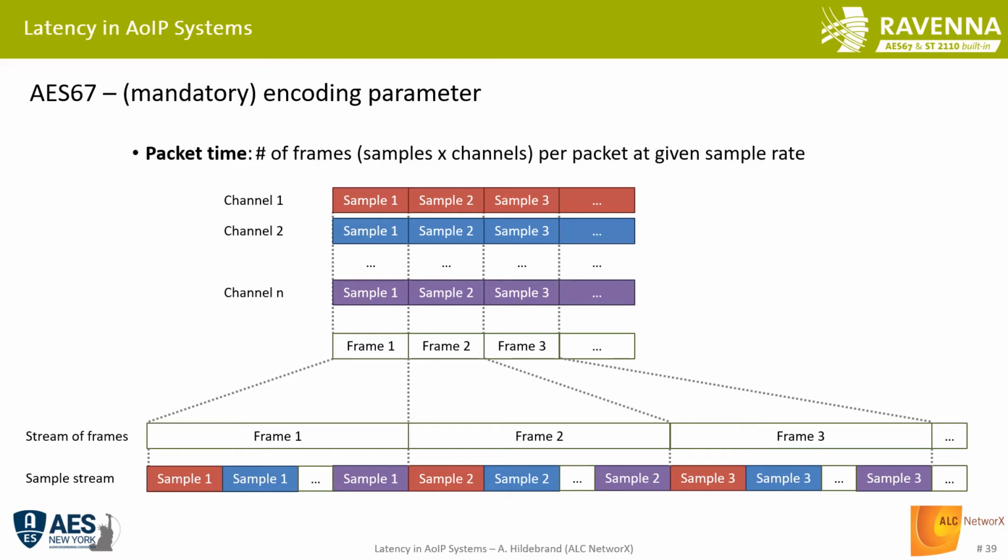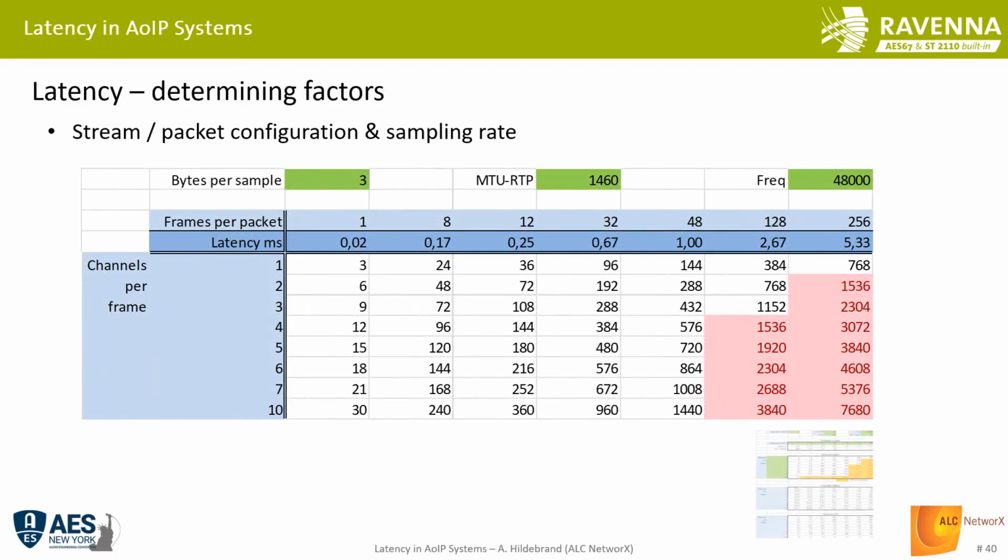Well, you wouldn't send a packet with just 1 channel and 1 frame in it, because that's 24 bits, 3 bytes of payload data, with another 40 bytes of header data in the RTP, UDP, IP, Ethernet, and so on. But if you have a MADI stream, 64 channels with 4 bytes AES3 format in it, right? Then it's reasonable to send that out with just 1 frame in it, if your hardware does support this, right?